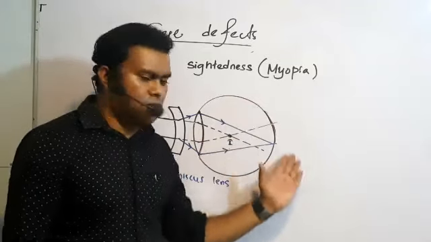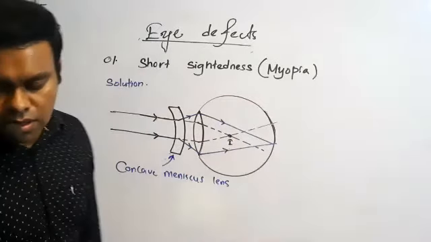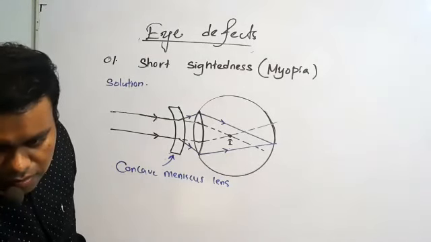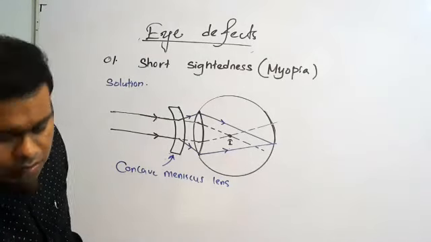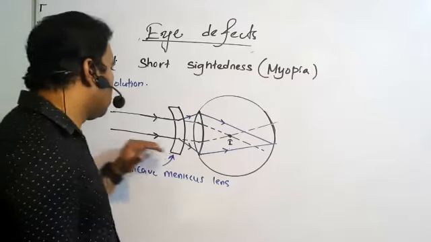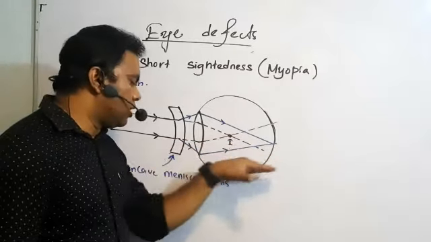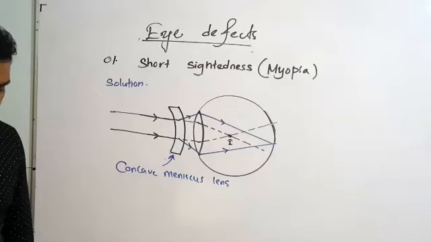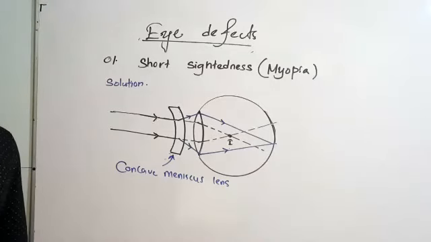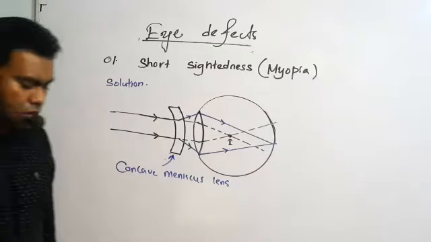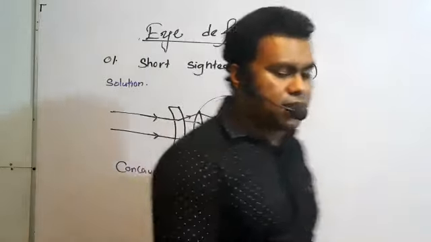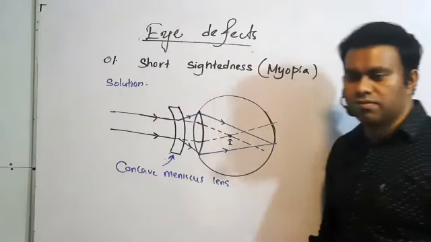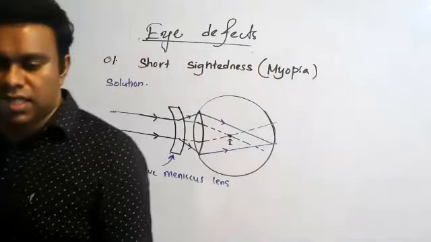Existence of a large eyeball. You can also say long eyeball. You learned these things very clearly and logically.